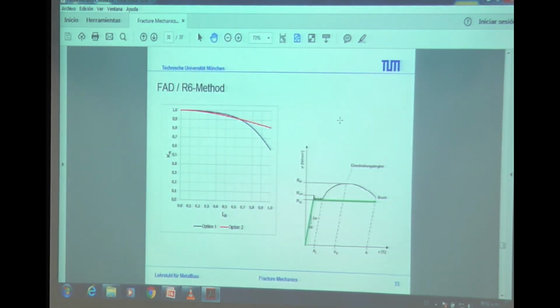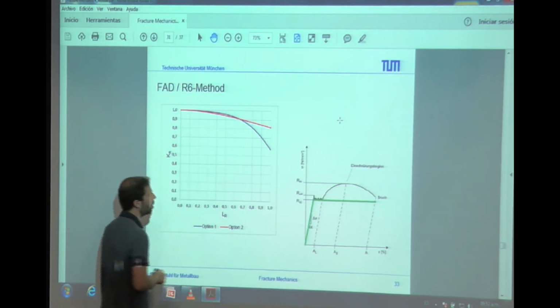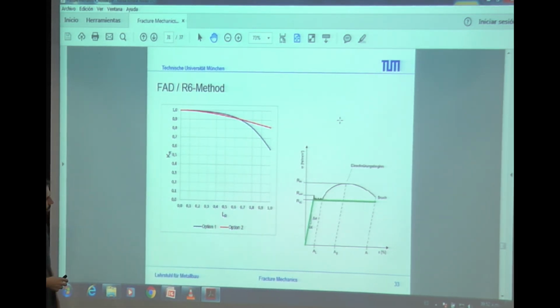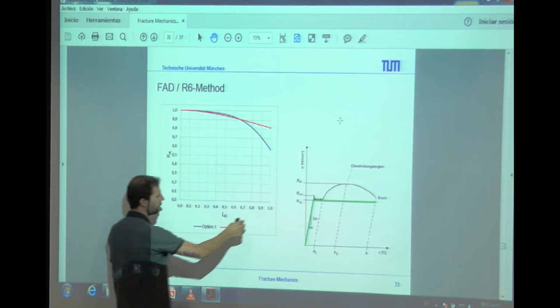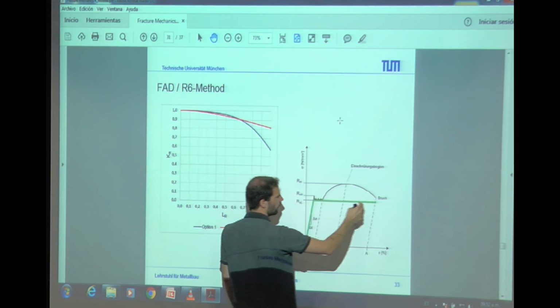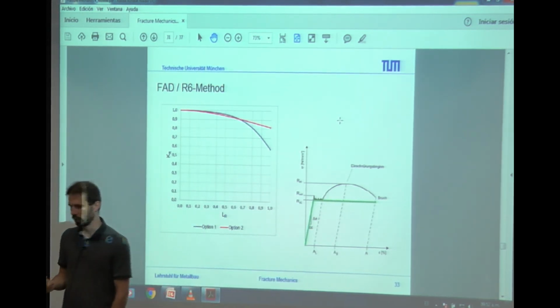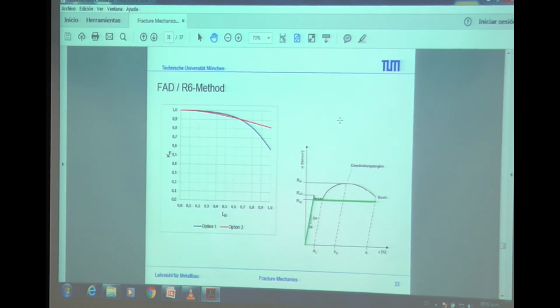So again, what are the basic assumptions here? If you go into the diagram, you see here the Lr, which is 0. This is the yielding point, which is related to a curve which has no strengthening in the material.